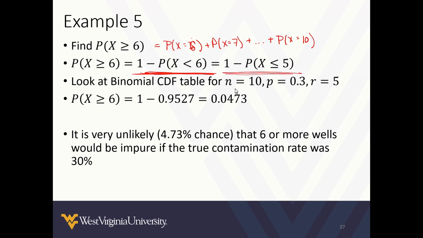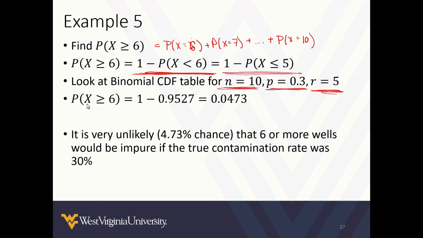Using our binomial table, we then have a simple lookup situation: n equals 10, our probability of success equals 0.3, and our value of interest is 5.